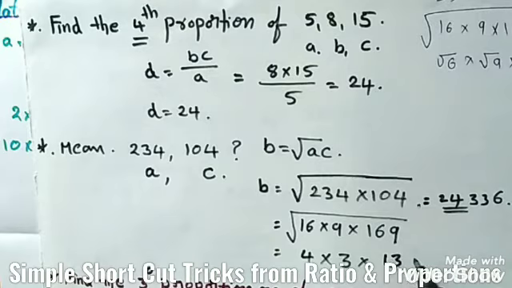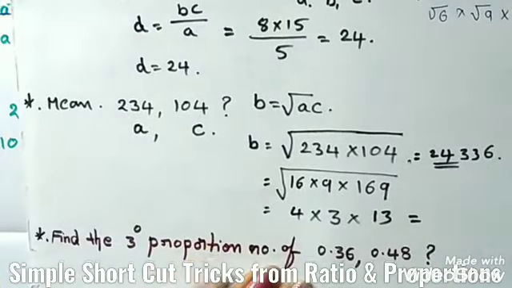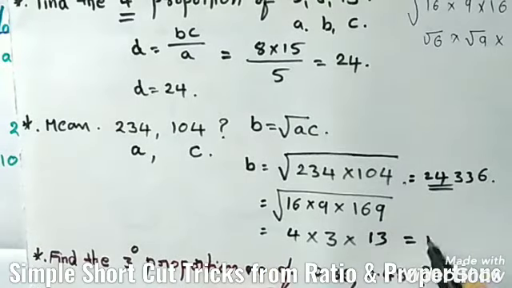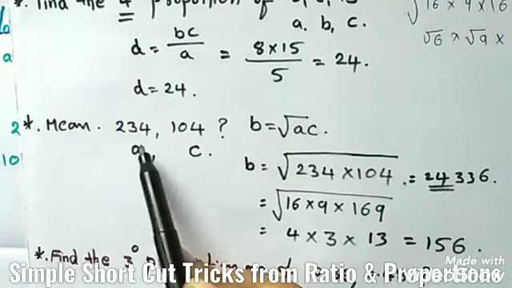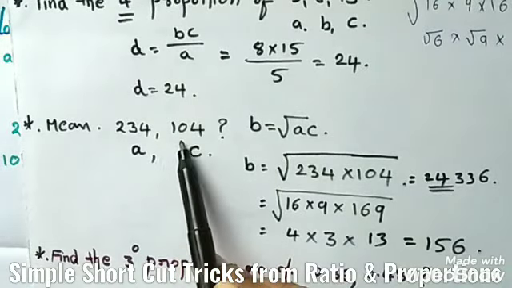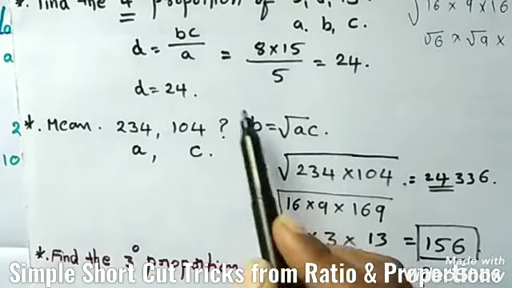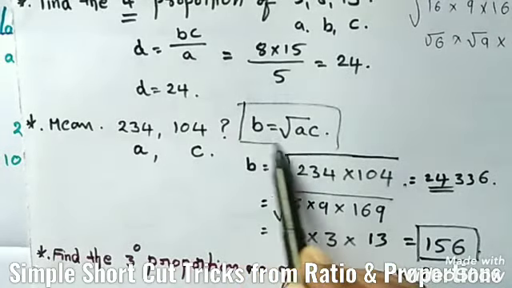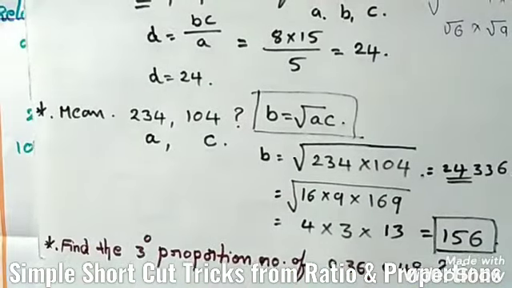Then 4 into 3 into 13, the answer is 156. So the mean proportion of 234 with 104 is equal to 156, just by applying the formula B is equal to root AC. Right.